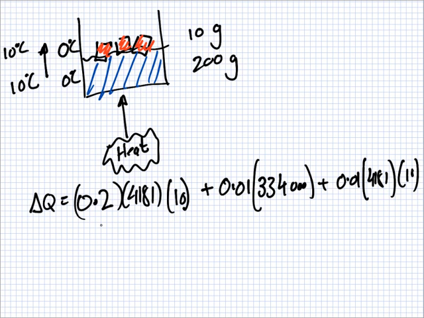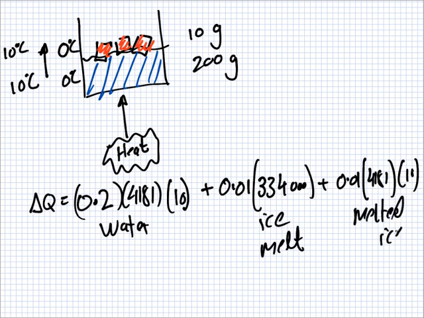Okay, so this is the water, and this is the ice when it melts, and then this is the melted ice, which is now water, and this warms up. So the water warms. So three things happen. The water warms, the ice melts, and the melted ice warms.